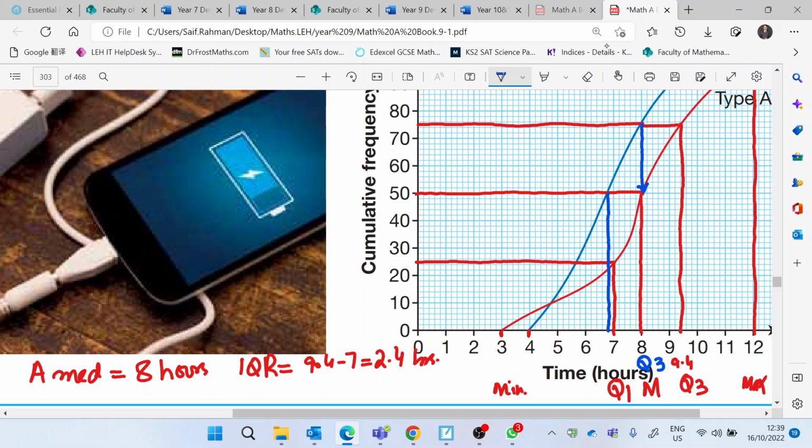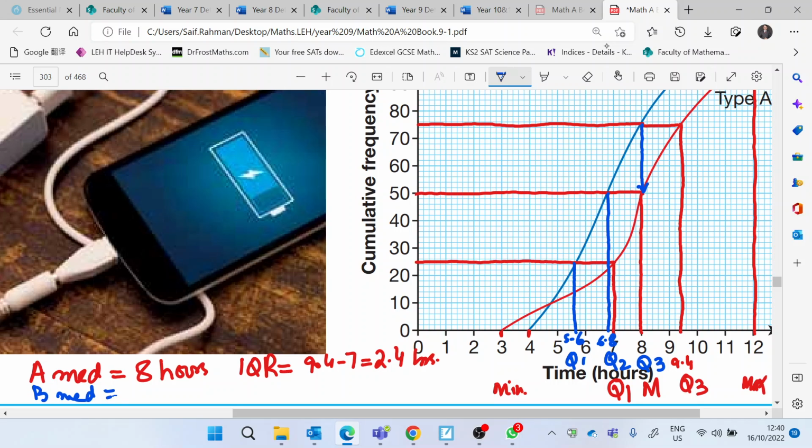1, 2, 3, 4, 5. Yes, 6.8. Q2 is 6.8, and the Q1 is 5.6. Okay, so now we can calculate for B type.